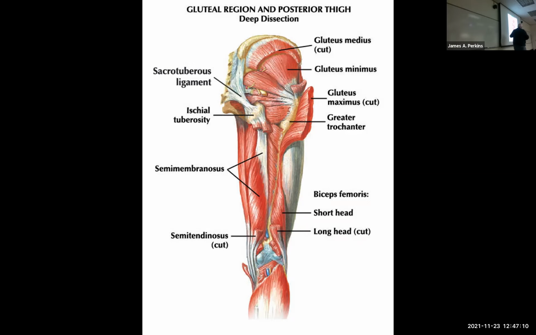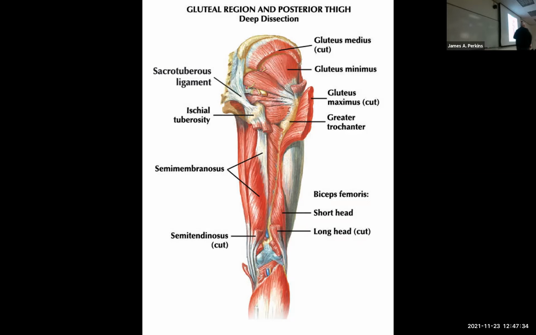They're assisted in that motion by one other muscle that we've already talked about. Anybody remember that other muscle over here on the side that helps to abduct the hip? Is it tensor fascia lata? Tensor fascia lata, thank you, over there.